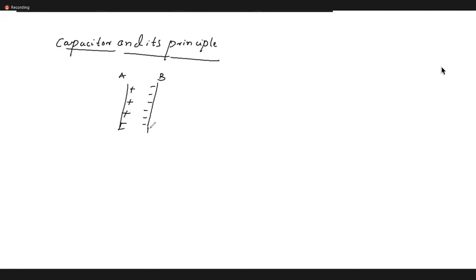A capacitor essentially consists of two conductors separated by some medium, an insulating medium, meaning no conduction happens in between. This insulating medium is called a dielectric, the dielectric space between these two plates.